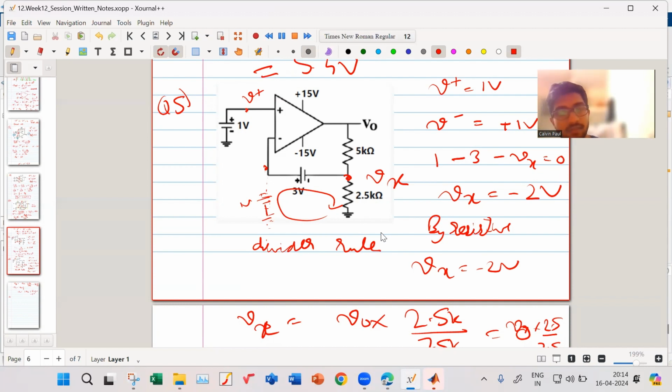Current division rule, voltage division rule, and what else? The virtual ground concept is required for op-amps specifically, right? And not only for op-amps, for any network. Network questions become broad.